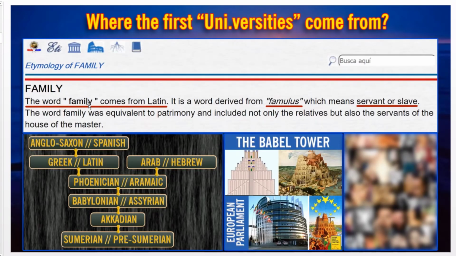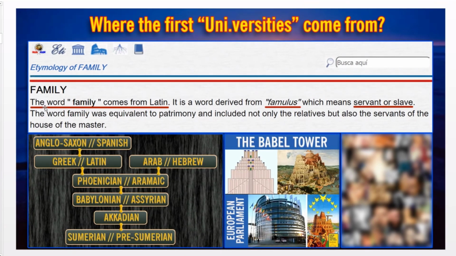So, to finish the presentation, some people believe that maybe words are not important, or that they are just randomly created words. One of the most important words that I learned in this study of how words are created was the word family, because the word family is presented with so much power to society by the church.